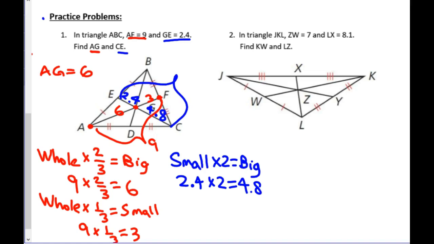So if I have each part, what do I do with those two numbers? Add them up. So 2.4 and 4.8, add them up. 2.4 plus 4.8 gives me 7.2. So EC, or CE, sorry, is 7.2.